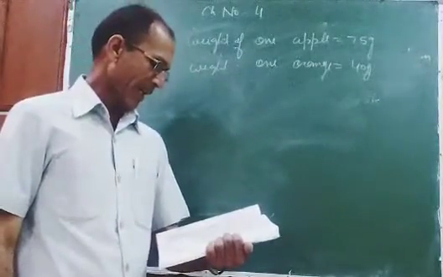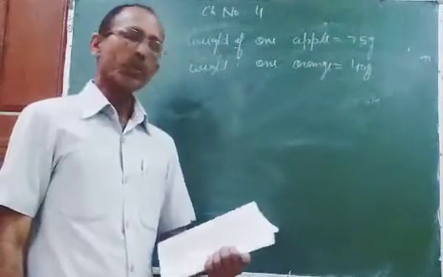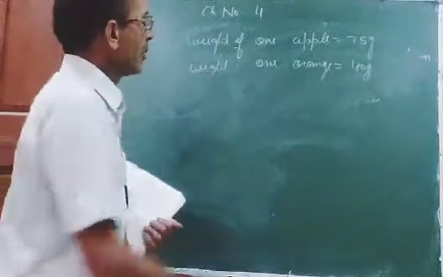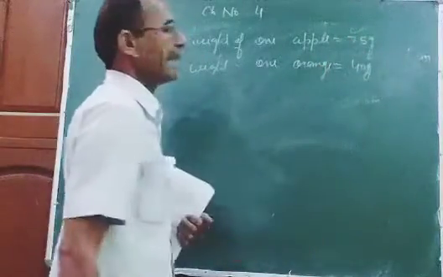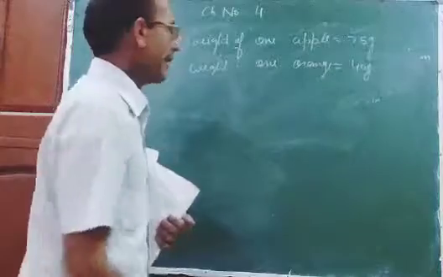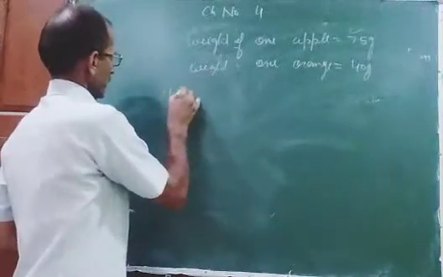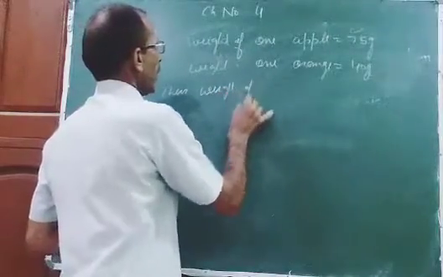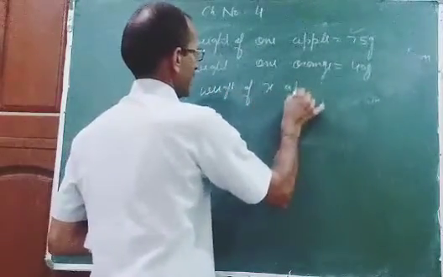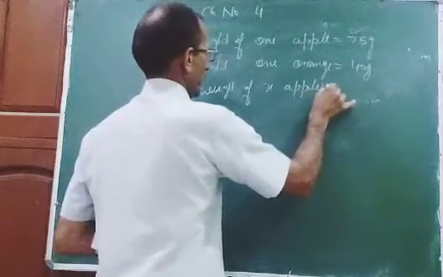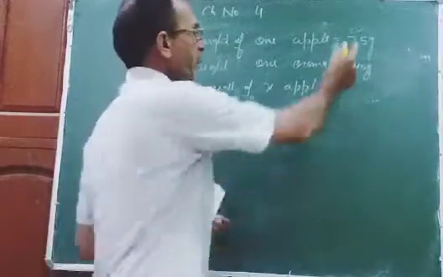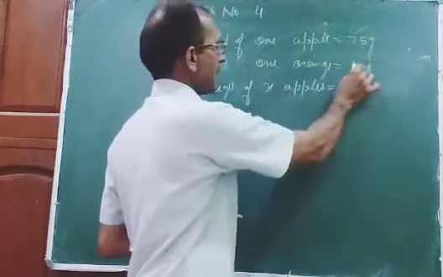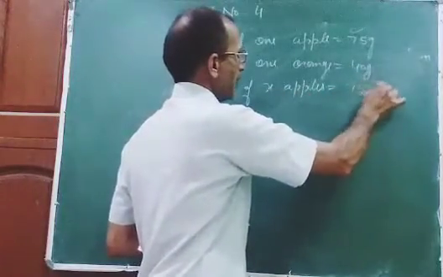So we have to find the weight of x apples and y oranges. The weight of one apple is 75 grams. Then what will be the weight of x apples? We have to multiply, you already know.